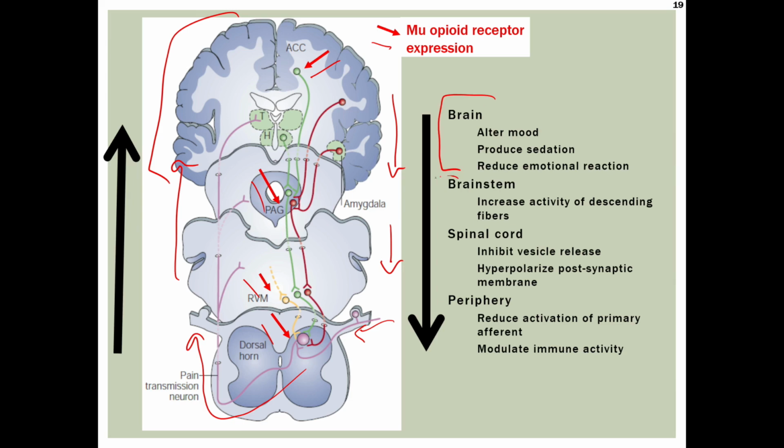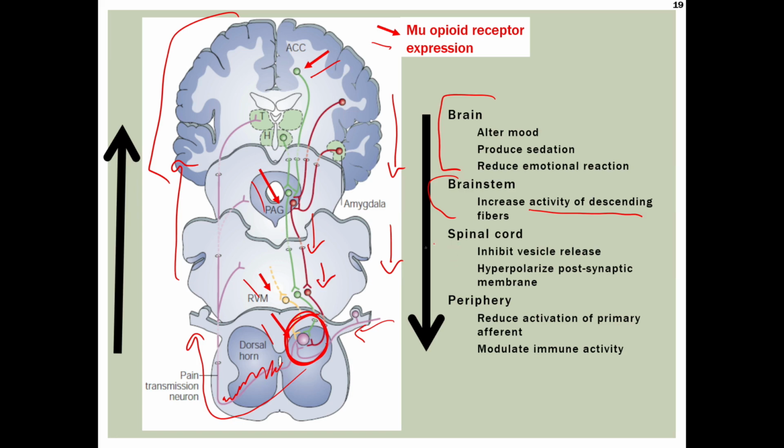In the brain stem, the mu opioid receptor will increase activity of descending fibers, and as this activity of these descending fibers increases, it begins to influence this input neuron and this junction here in the spinal cord to begin to reduce activity of that ascending pathway.